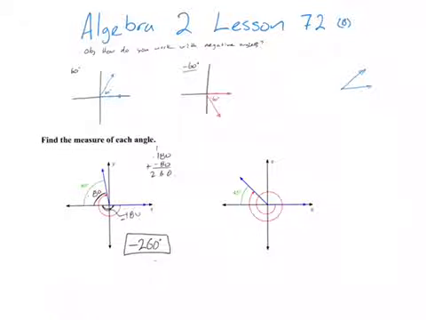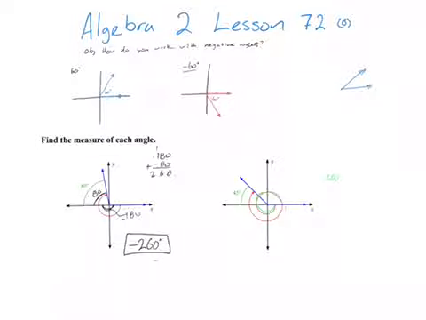Okay. Very similar here for this next one. Notice we're going from here all the way around back to the same line. So that part, so far, we're at 360 degrees, moving in the negative direction because I'm moving clockwise.